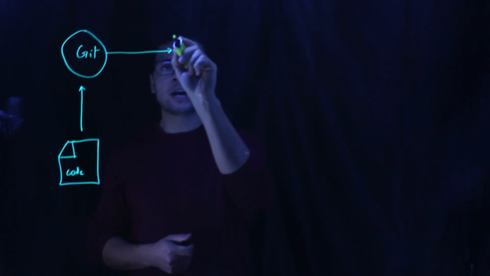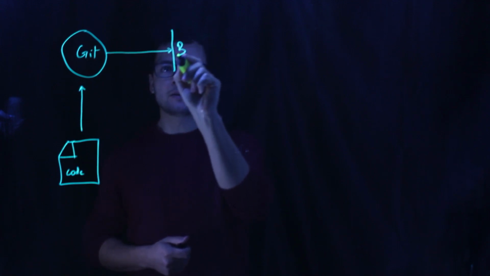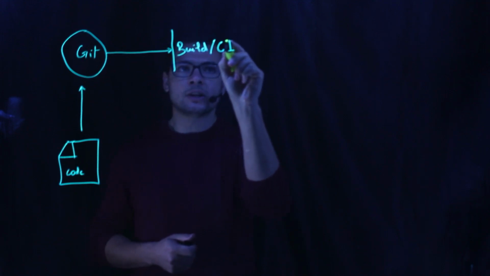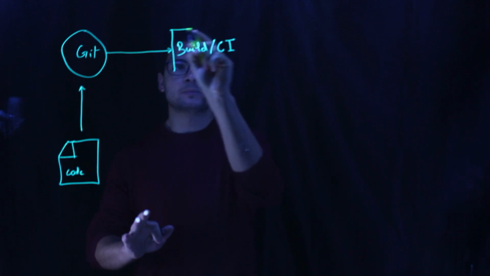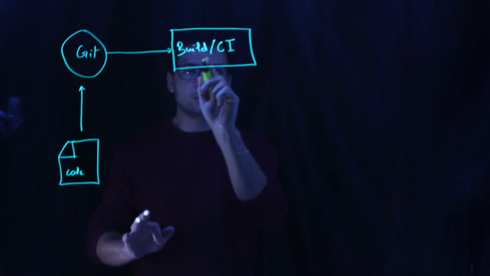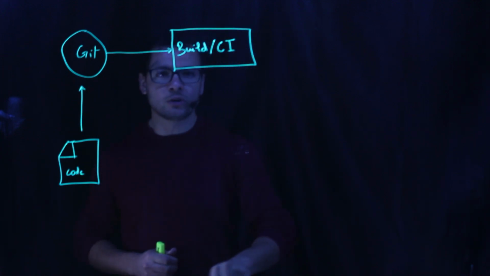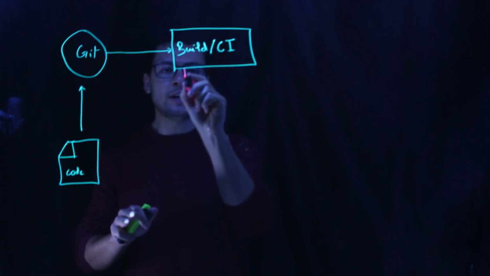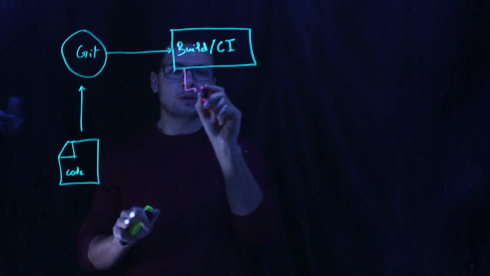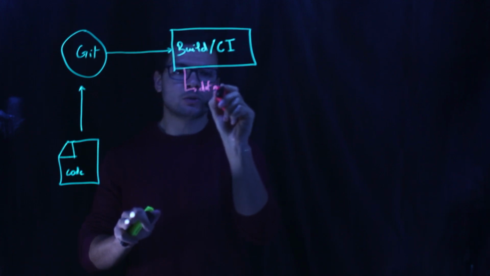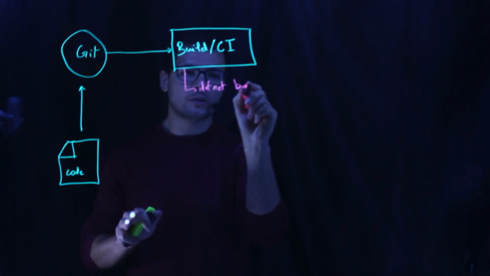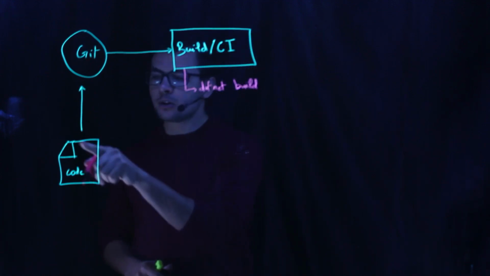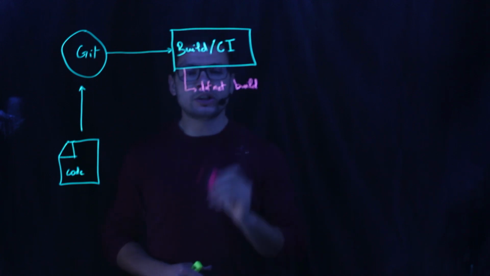First of all, we'll run the build pipeline, or what we also call the CI pipeline. During this task, we'll run different commands. First of all is to build. In the case of .NET, we'll run dotnet build. The build command will build the source code files and generate the DLLs.